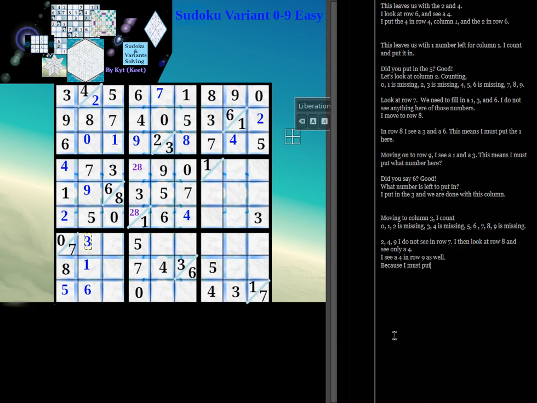Because I must put a 4 in column 3, and because rows 8 and 9 already have a 4, I must put the 4 in row 7.